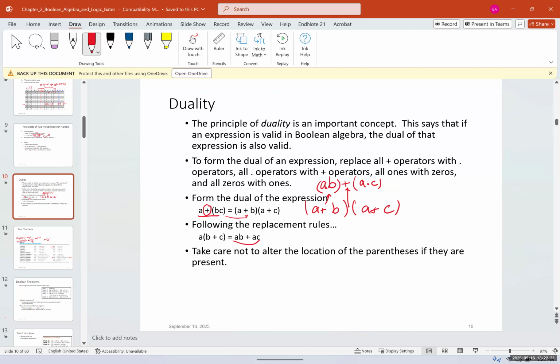Which you can see here. It becomes AB plus AC. So here, the OR operation becomes an AND operation, and the AND operation becomes an OR operation. We have to be careful not to alter the location of the operations and the parentheses if they are present.